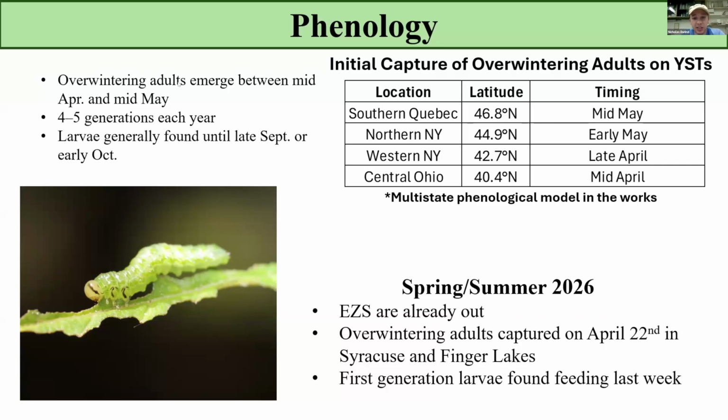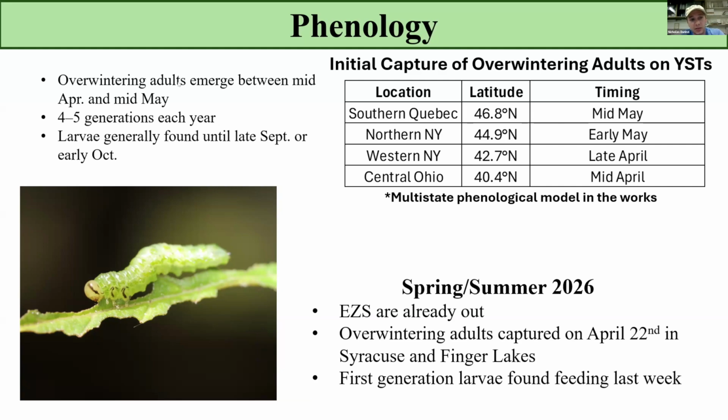As far as this year, I just realized this morning that I should add this in. EZS are already out. I found the first larvae last week at our site near Syracuse, which is where we're based out of. Overwintering adults were captured a lot earlier than we've seen them the past few years, which was a little surprising given the winter we had.